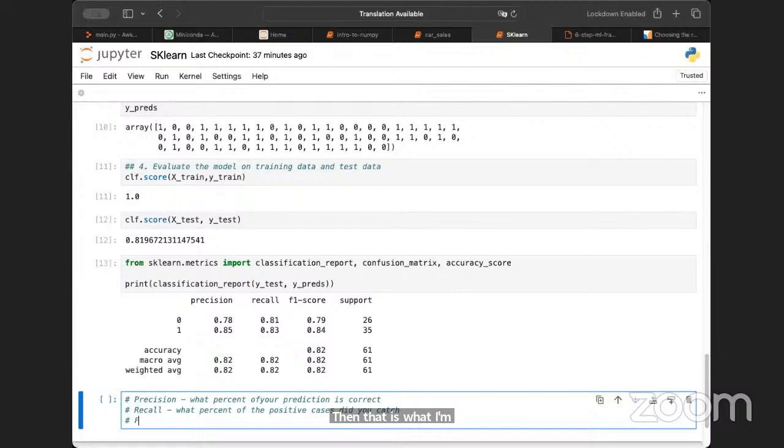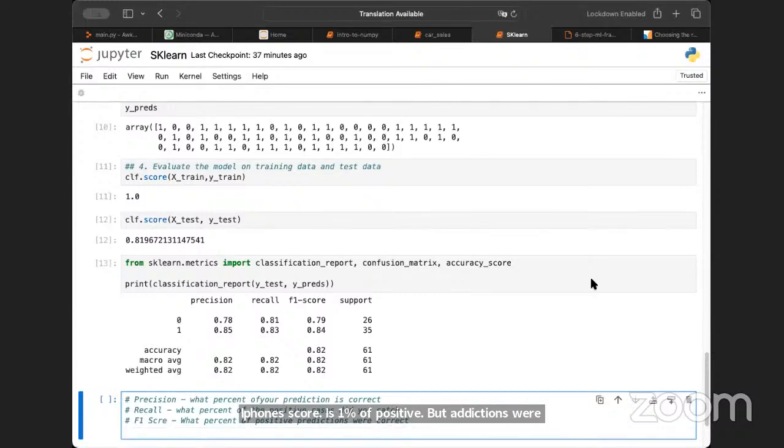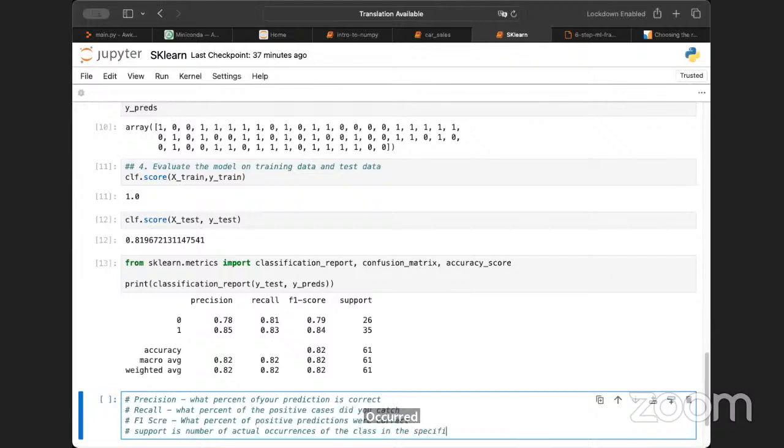F1 score is what percent of positive predictions were correct. And finally, support. Support is the number of actual occurrences of the class in the specified data set. So these are the 4 things.